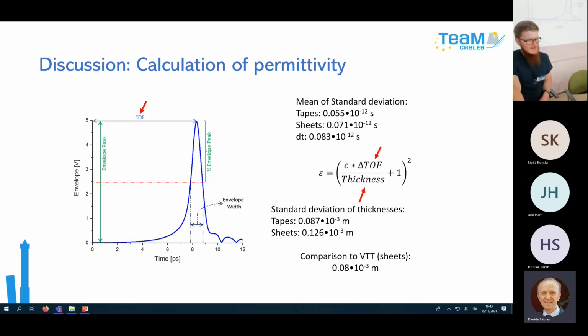This is an issue because if you have only slight deviations in the thickness, it can mean that the permittivity changes by several orders of magnitude, compared to a little change in the standard deviation. So yeah, we mostly ruled out that method after that.